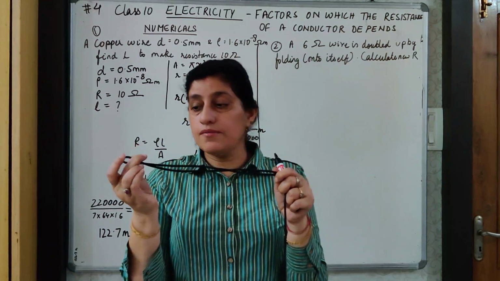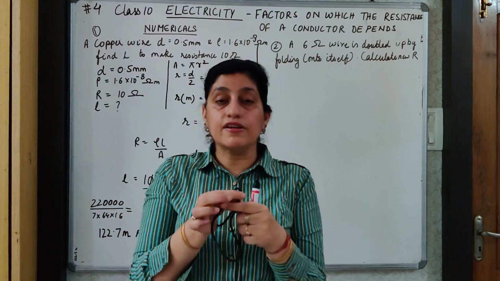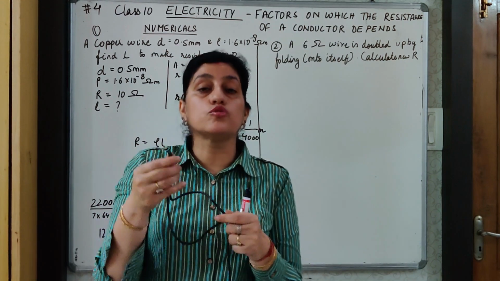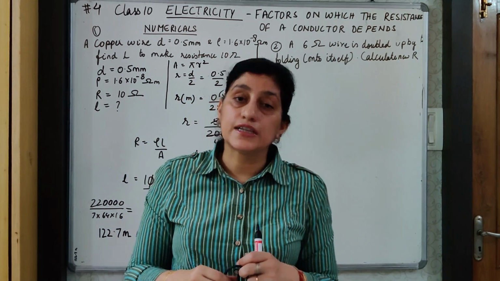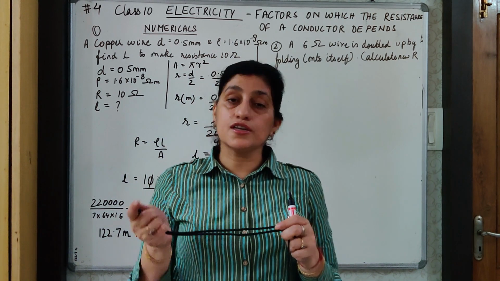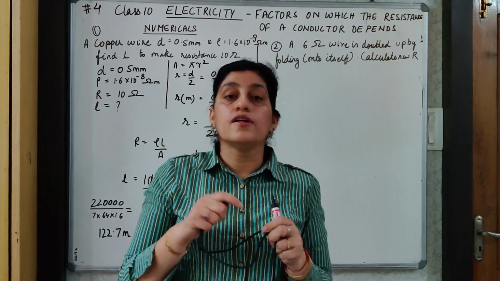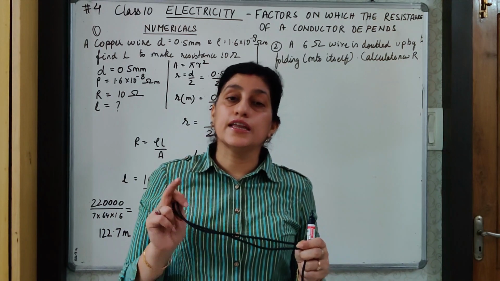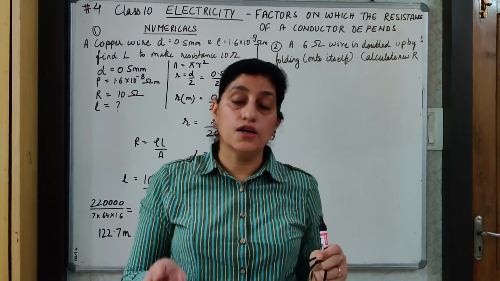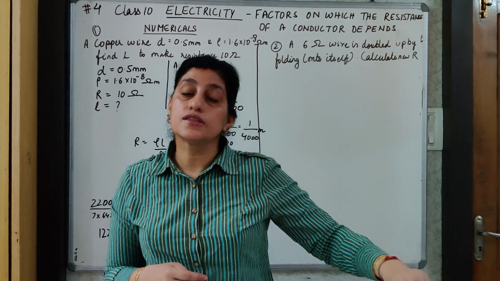The length will become half, but the area will become double because there will be two open ends of the wire. So whenever a wire is folded onto itself, the length is reduced to half and the area becomes double. This is what we are going to follow in this numerical.